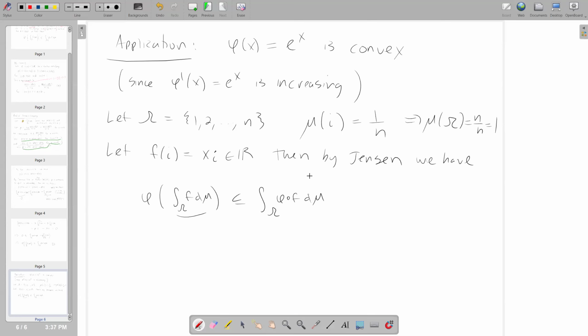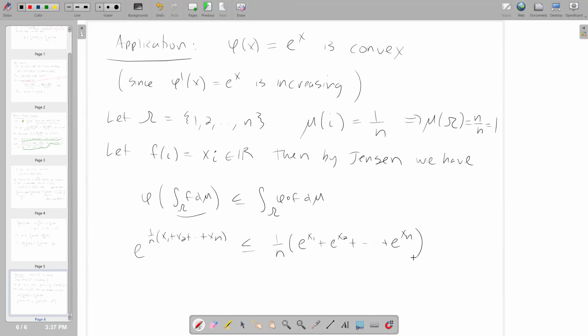So this would be e to the power 1 over n times x1 plus x2 all the way out to xn, and that's less than or equal to 1 over n times the sum of e to the xi's, out to xn. Okay, so we get this inequality, which is pretty cool.